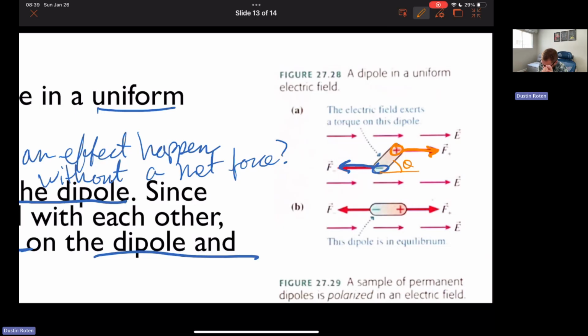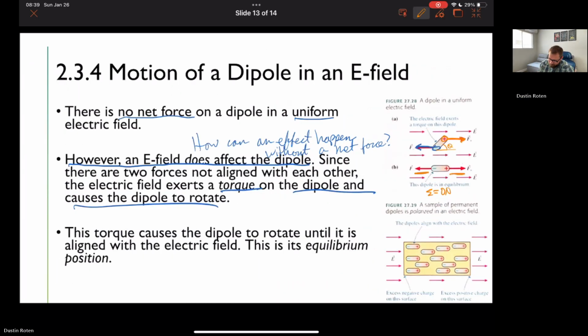But you'll notice that both of these forces, this force and this force, if you add those up, you get 0 newtons because they're equal and opposite, but because they're offset, that's where you get the rotation. So that answers the question how you can affect a dipole without a net force. Of course, this will cause the dipole to rotate until it reaches this equilibrium position, and this is the idea behind polarization.